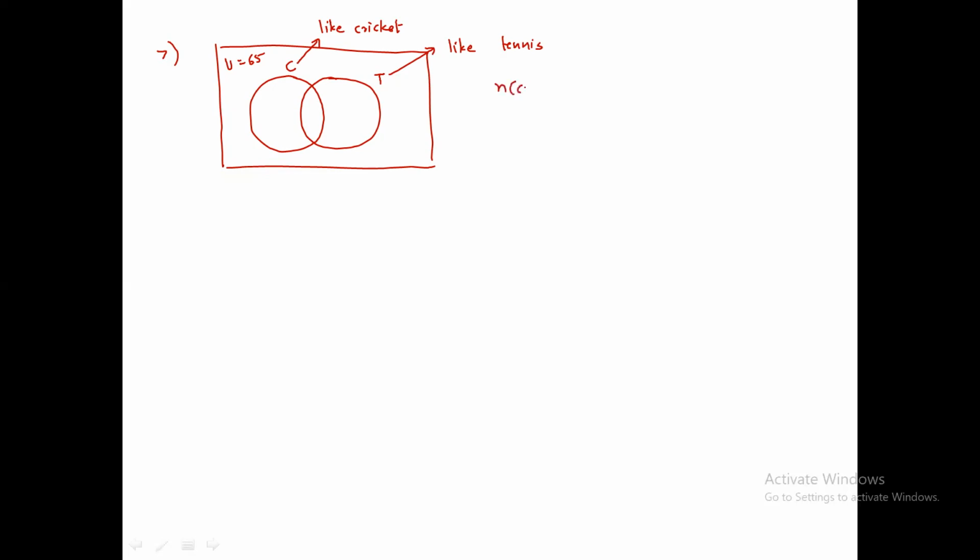So N of C, who like cricket, is 40, and N of C intersection T, who like cricket and tennis both, such people are 10.